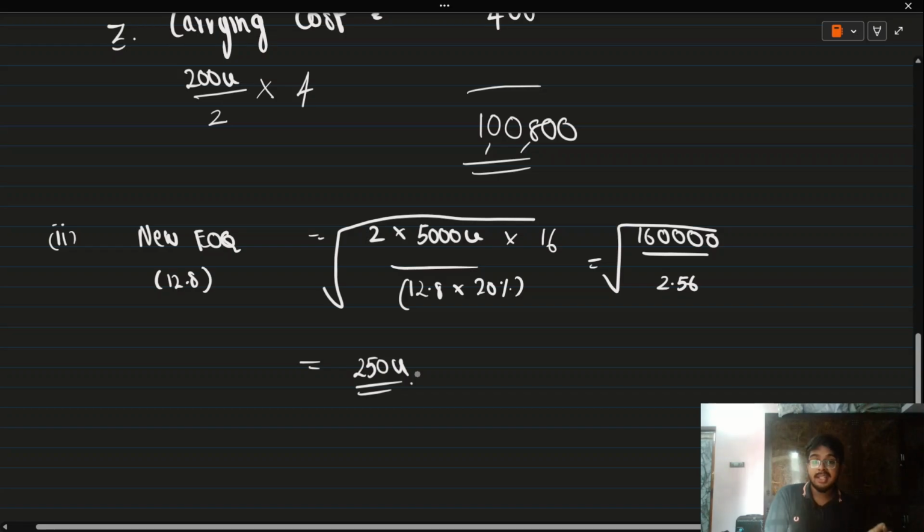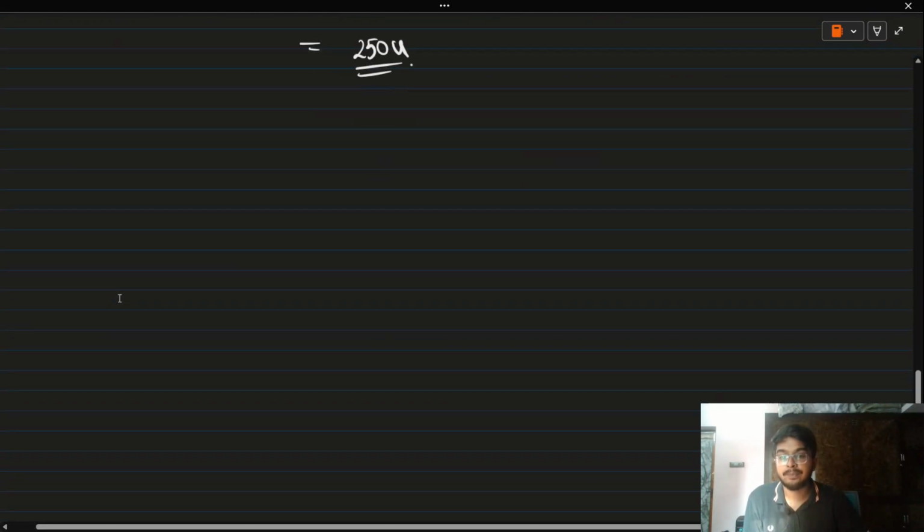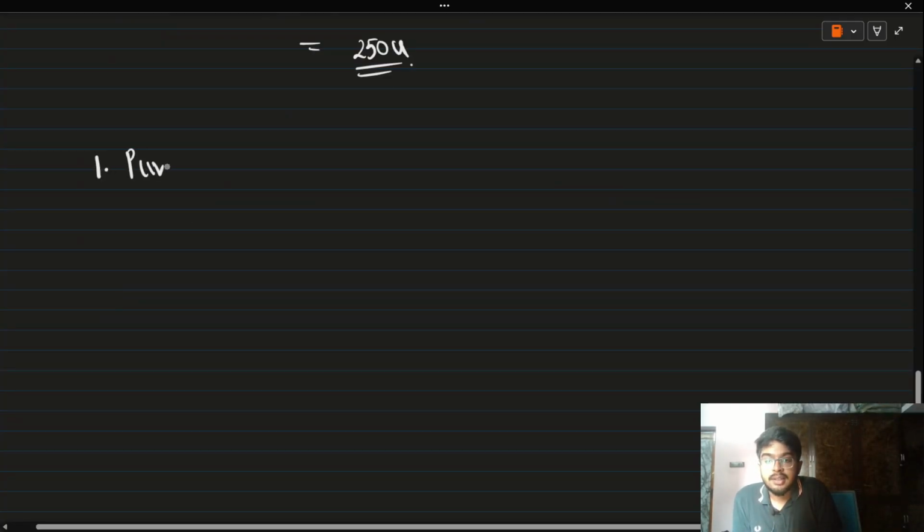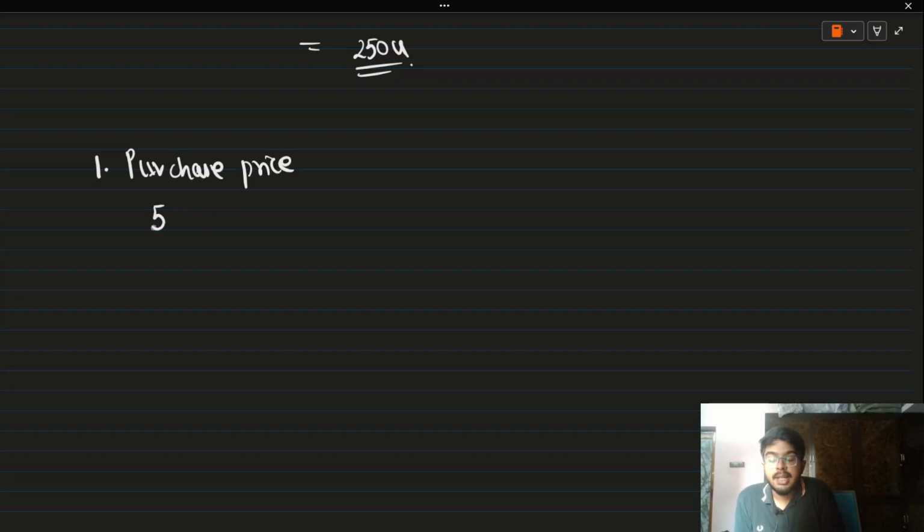If EOQ changes, then the total variable cost will also change. Let's see. First is purchase price. What is the purchase price? Our annual demand, 5000 units into 12.8 comes to 64,000.